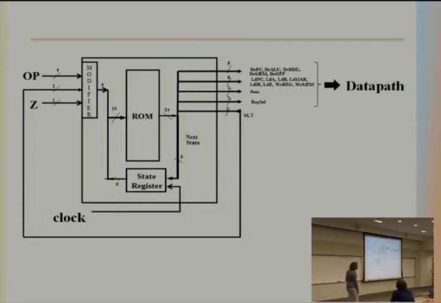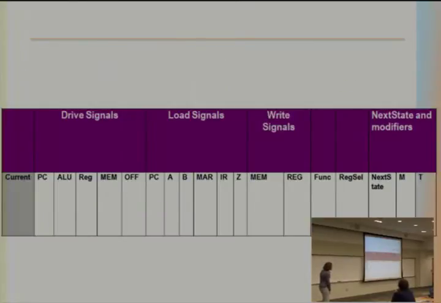Now for the output, we still have 5 bits for a drive, 8 bits for a load and write, 2 bits for a function, 2 bits for a register selector, and this extra 2 bits, as I said, that we added to basically overwrite any extra coding we did to help us determine branching. If we had no branching, we don't need it, so we just set them all to 0. So basically in our table, now you will still have all these bits and the additional M and T that will determine the whole thing.